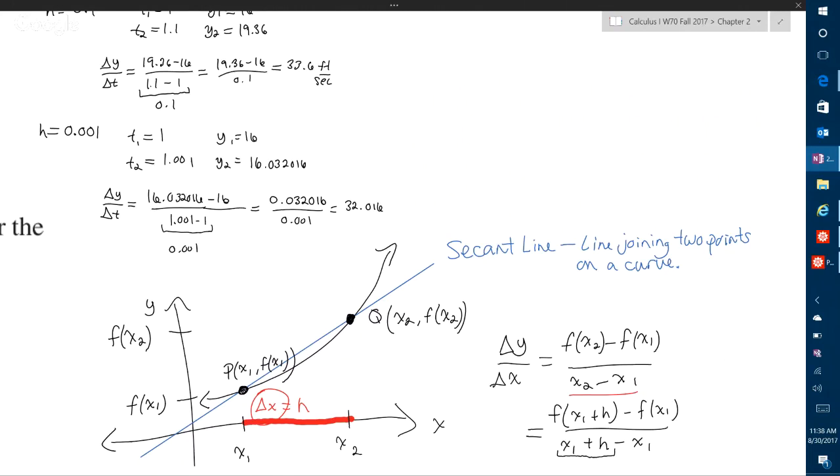And if I made it smaller, the secant line would move again. The secant line would basically move along this curve until it's at this point, as h gets smaller and smaller. This line that barely touches this point on this curve, that's called the tangent line. We're going to talk about that more in a moment, but that's how secant lines and tangent lines are connected here.